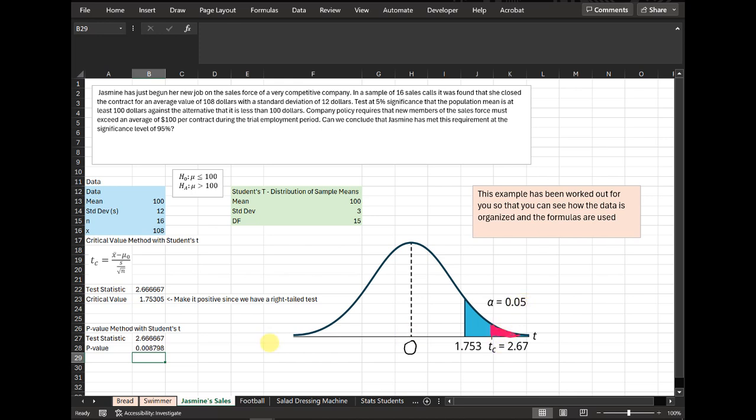But from here to here, this has an area of 0.008. As you can see, this is obviously less than 0.05. So we have that whole idea: if the p is low, the null must go. So in either case, I am rejecting, either by the critical value method because I'm in the reject zone, or because my p-value, my little amount of area, is less than that alpha value. So in either way, it doesn't matter. You can really use either method and it will get you to the same answer.